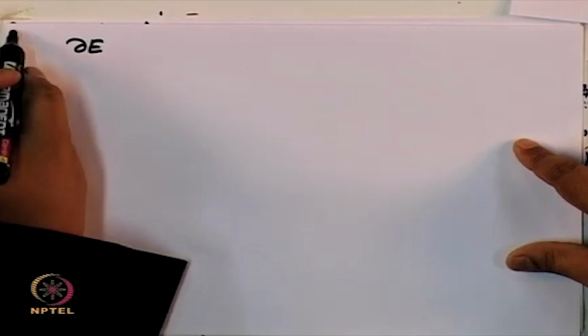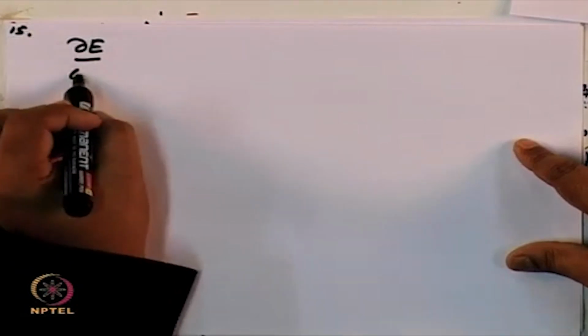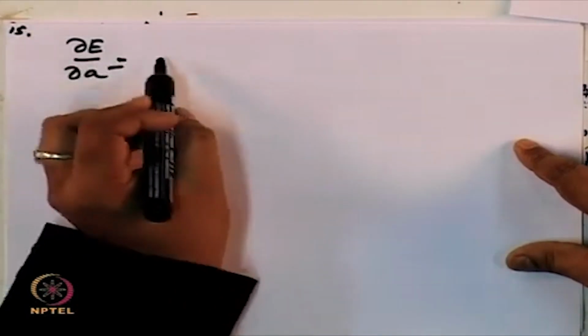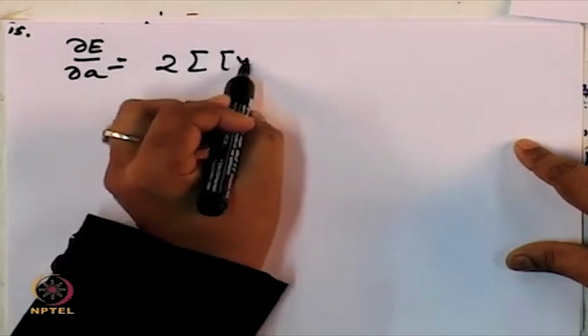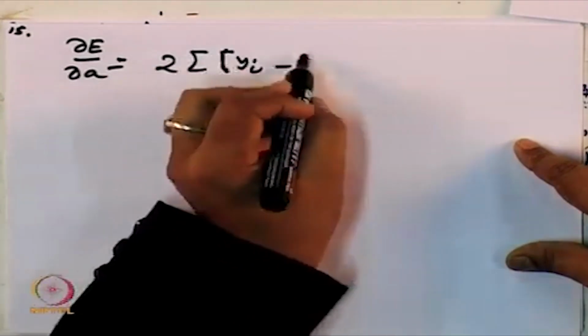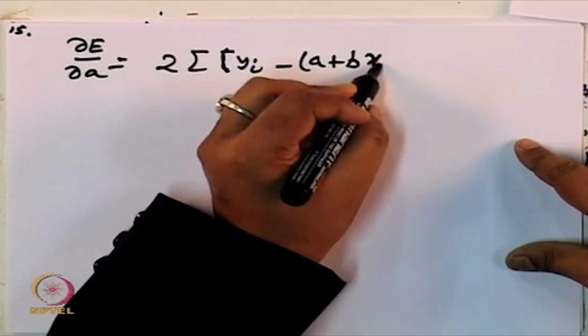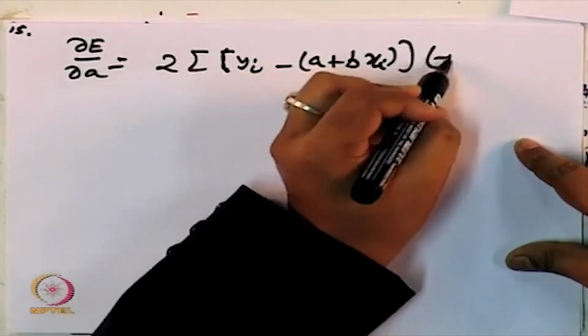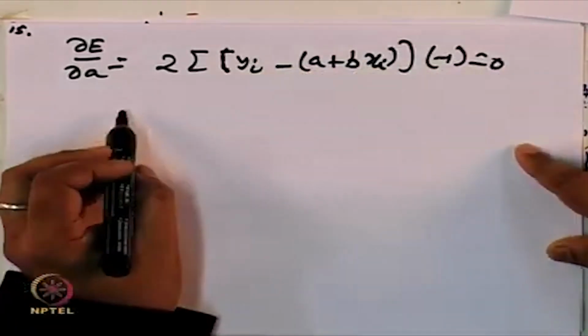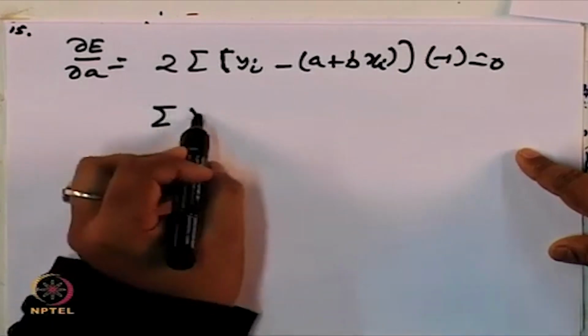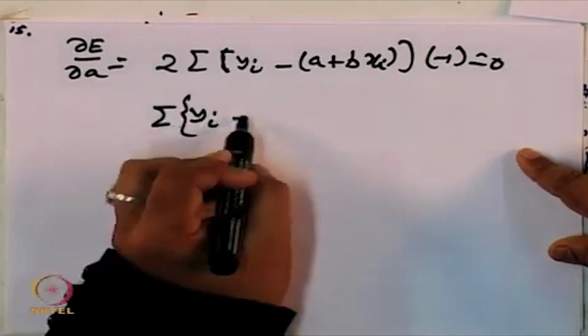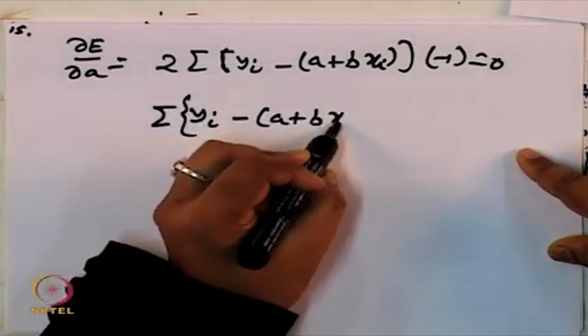Okay. So, I have del E del A is equal to 2 summation of yi minus A plus bxi whole into minus 1 equal to 0, which I can simplify, would simply imply summation of yi minus A plus bxi is equal to 0.